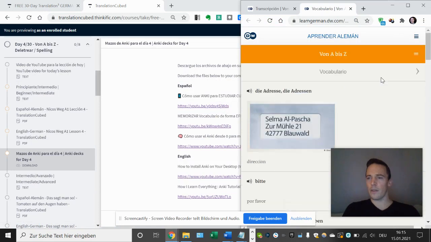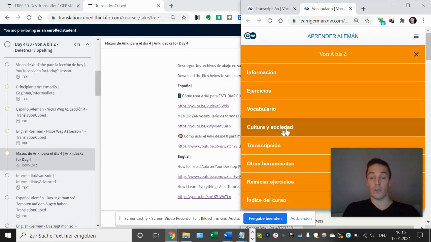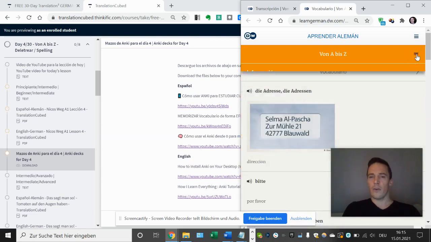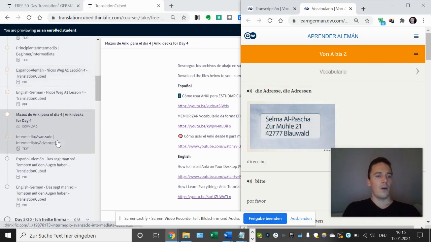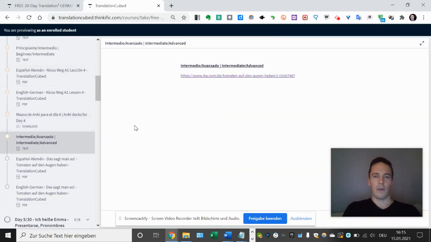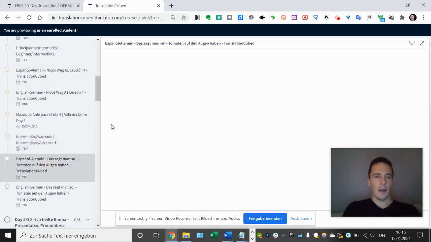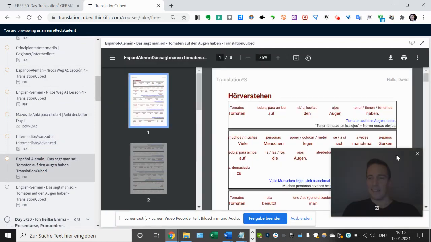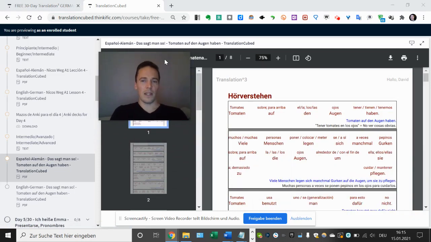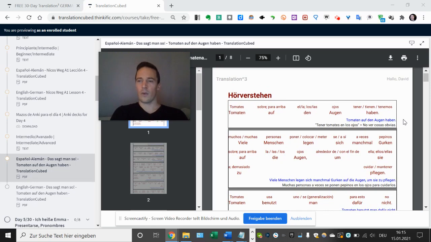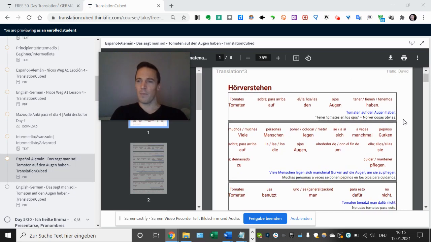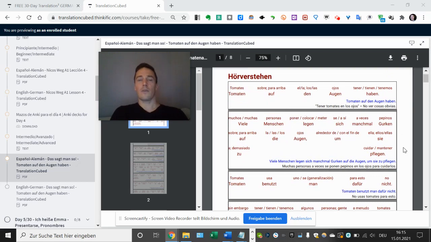Y también recomiendo que lean la sección sobre cultura y sociedad. Siempre es interesante. Y no olviden que también hay un contenido intermedio avanzado, que es este de aquí. Lo bueno de mi método bilingüe es que también los principiantes pueden apreciar y aprender con textos más complicados, más avanzados, porque tienen traducciones de cada frase y cada palabra, ¿vale?